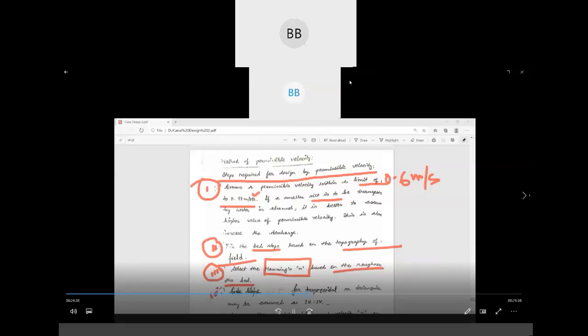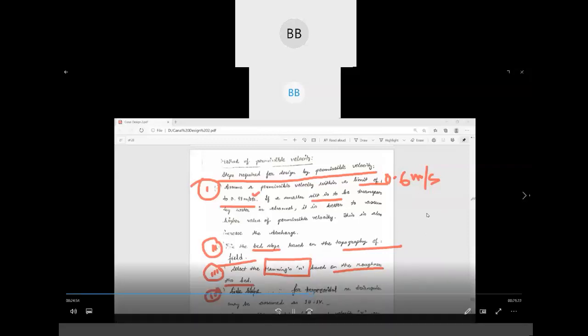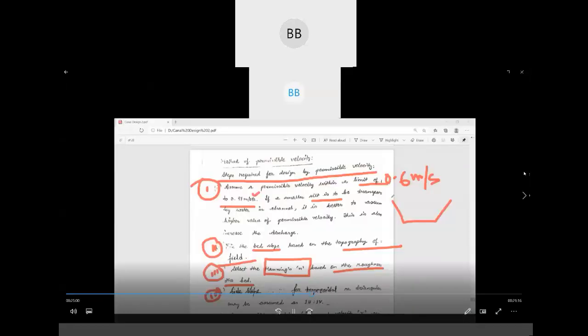For this number three, you have to take various cross sections, release some discharge, and then find out the Manning's n. This n also depends on what kind of material you have used to line that canal.